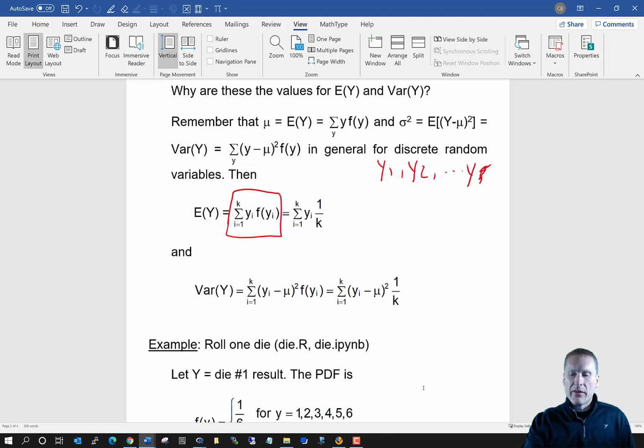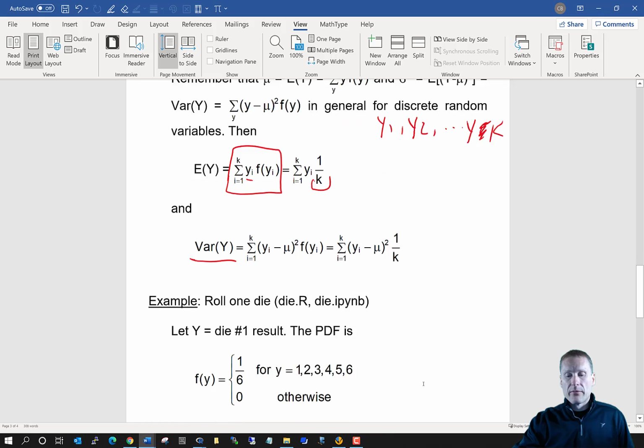Again, these will be numerical values, like maybe 1, 2, 10, 100, and so on. That's what these y's represent. And so if we simply sum up all the y's and weight all of them by 1 over k, that's how we get our expected value of y. And in a similar manner, we can find the variance of y as well, going back to our original definition of what the variance of y represents.